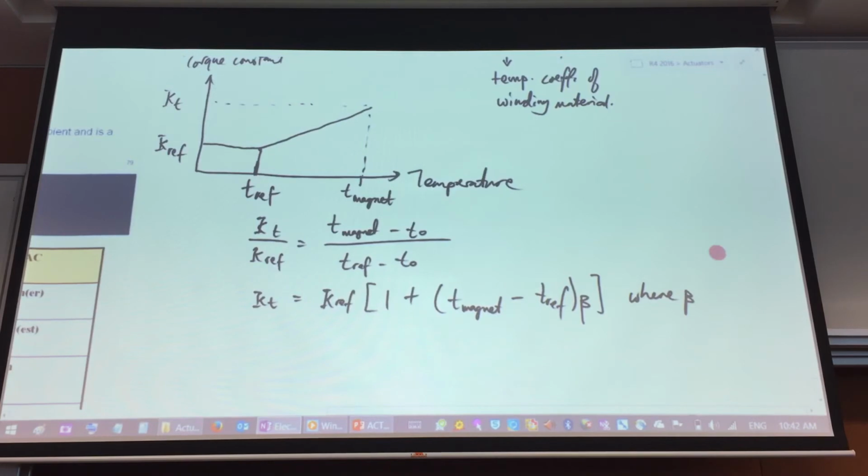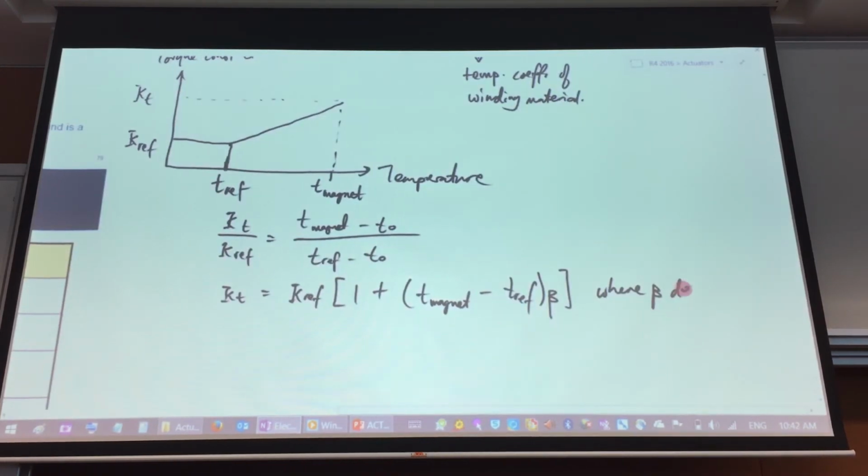beta is called our decay of magnetic flux.